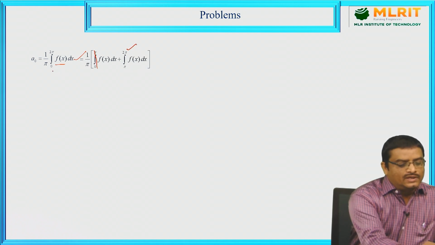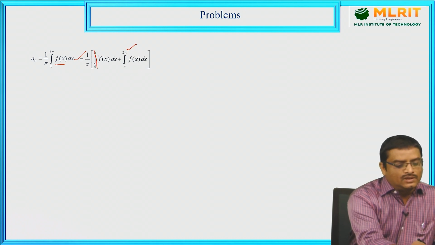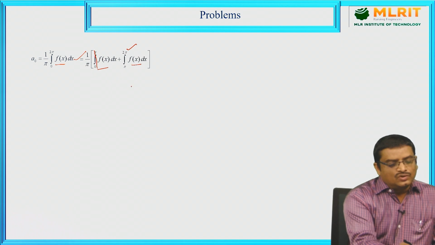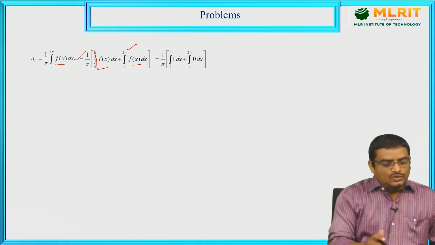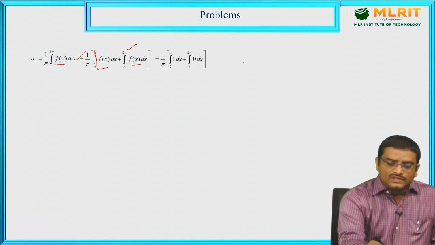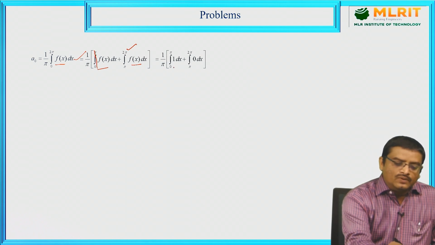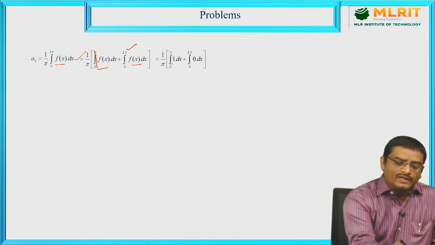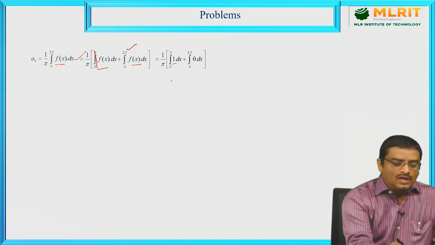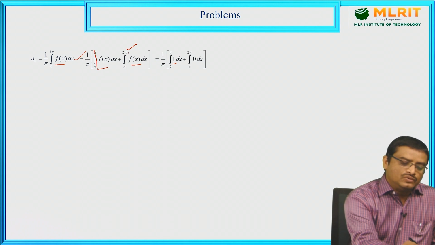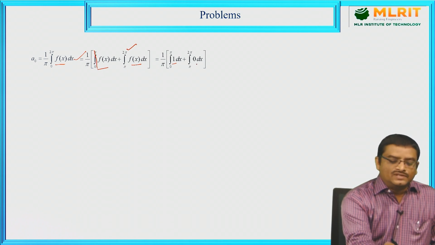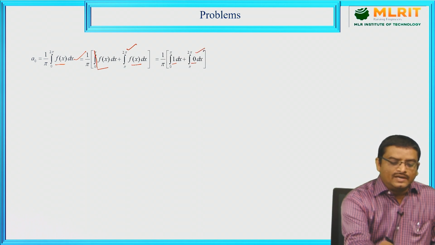Now integral 0 to 2 pi can be written as integral 0 to pi plus integral pi to 2 pi. In this, substitute the values of f of x. In the given function, f of x is equal to 1 whenever x lies between 0 to pi, so in the first integral I have taken f of x is equal to 1, and whenever x lies between pi to 2 pi, f of x is equal to 0, so I have taken f of x is equal to 0 in the second integral.